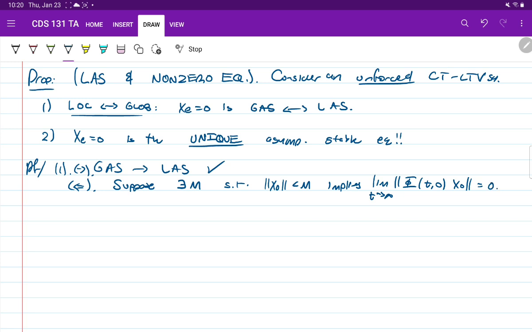So this m is particular to t naught equals 0. Now we can get a little bit clever about our choice of x naught once again. We showed earlier that by picking x naught equal to the standard unit vectors, we can show that our entire state transition matrix converges to 0. Because of this local bound, we're not guaranteed that our standard basis vectors will be of the correct norm.